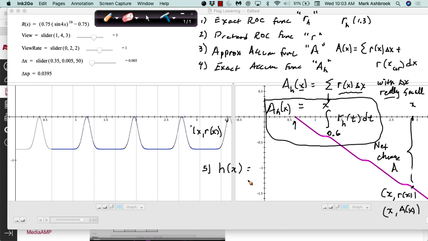Yeah. And why would you do that? What is h of 0.6? Yeah, so h of 0.6 would be the height at 0.6, right? And so from there, if I started adding how much the height of the flag varied, then I'd always have the height of the flag. This function tells me how much the flag went down at any time x.